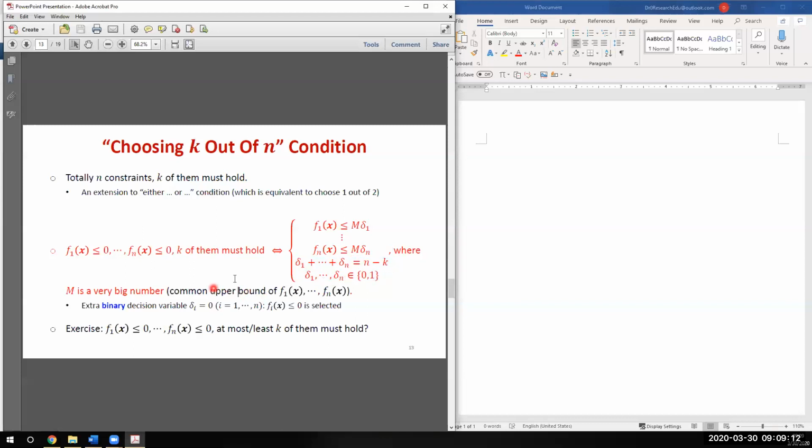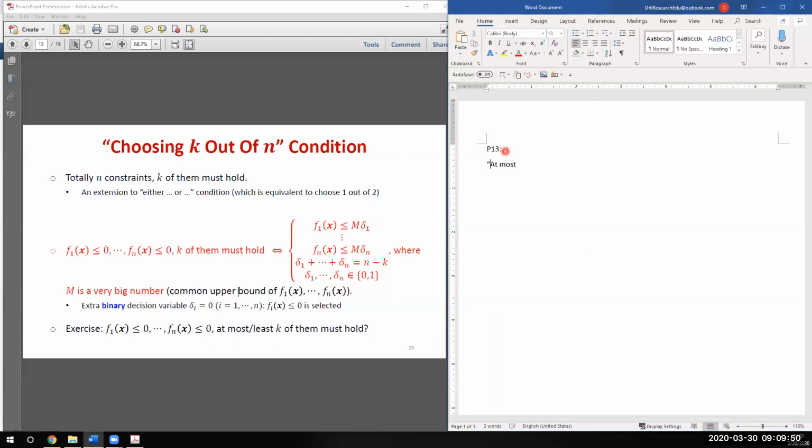Okay? So here, as an easy exercise, what if I want to say at most or at least k of them must be held? Let's see the at most one first. I think I introduced this in the last lecture. Let me make it bigger. Here, page 13.